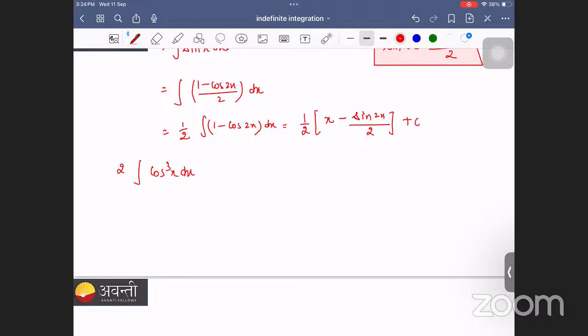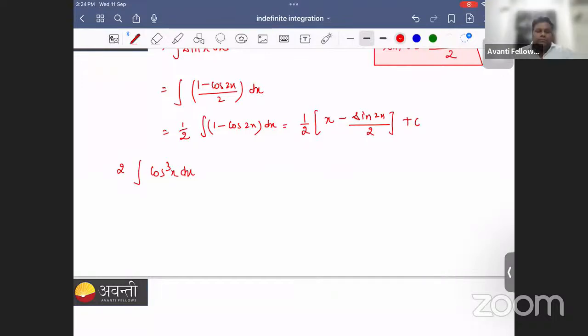Quickly. Yes, what is the integration of cos cube x?